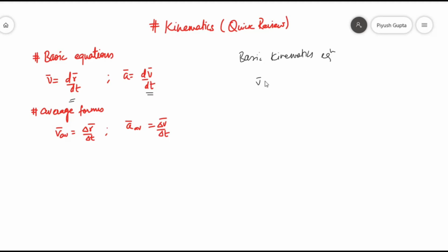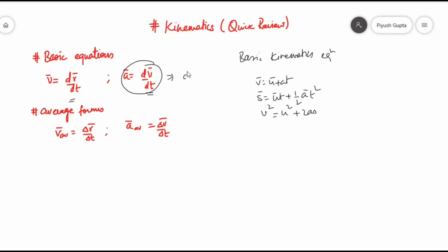They are v = u + at, then s = ut + half at square, and then we have the scalar equation v square = u square + 2as.